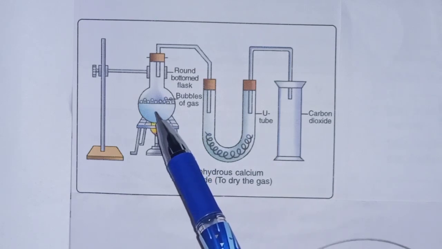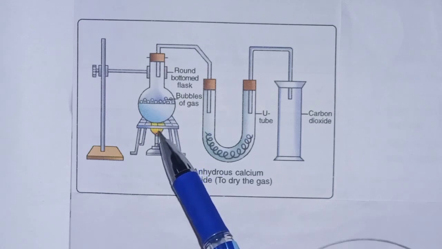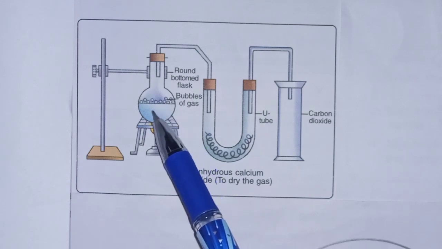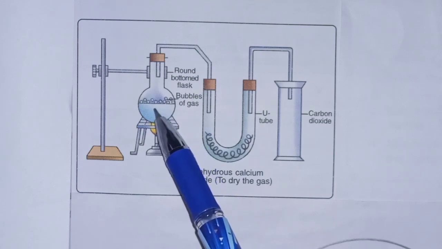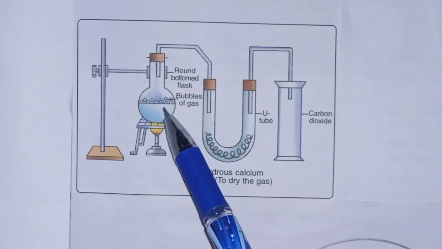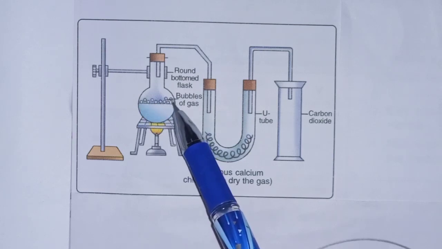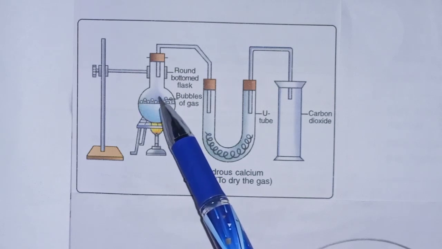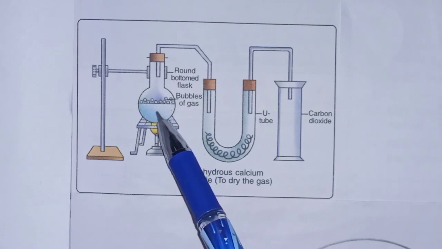We will take carbon dioxide and water, or soda water. When we start heating it, what will happen? The kinetic energy of water molecules and gaseous molecules will increase, and after some time you will see that bubbles are forming. These bubbles are due to the gas molecules which are present in the liquid.